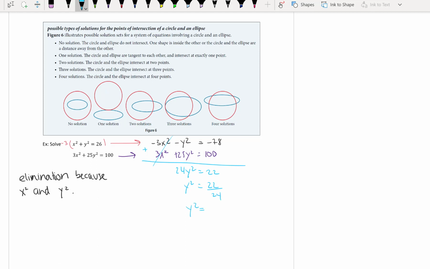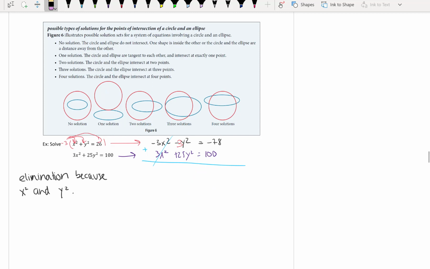So then my y squared, oh, I see what I did wrong here. And this is where I can see it. I definitely distributed 3 here and then -3 here, but I forgot to distribute it there. So because I forgot to do that, then my y value is going to change slightly.